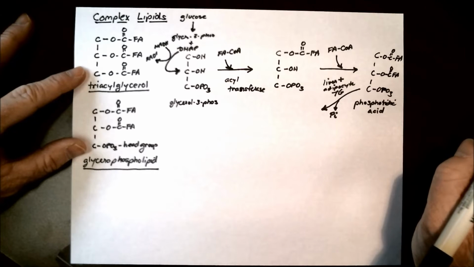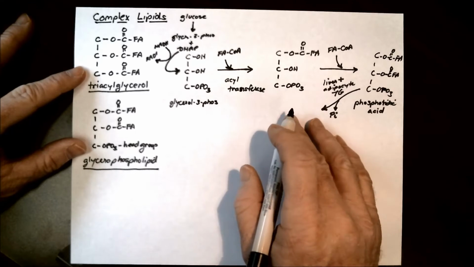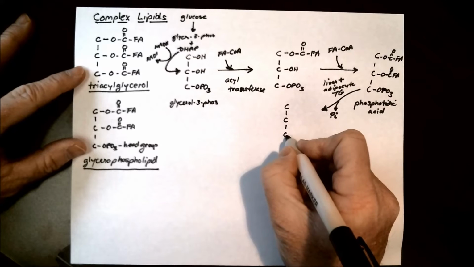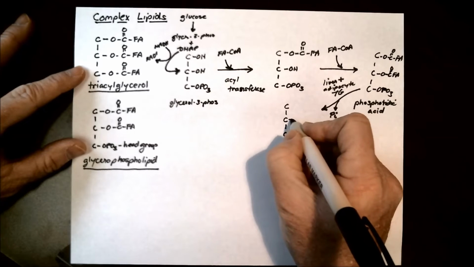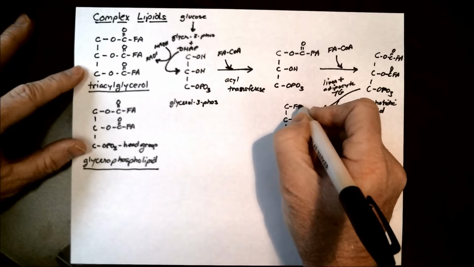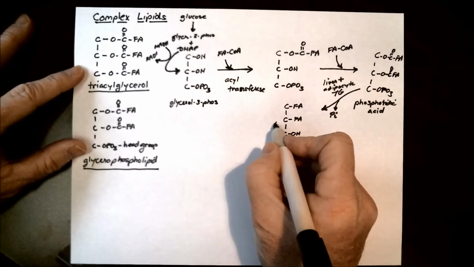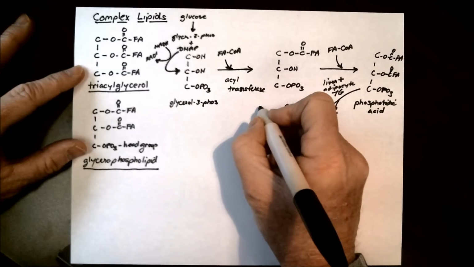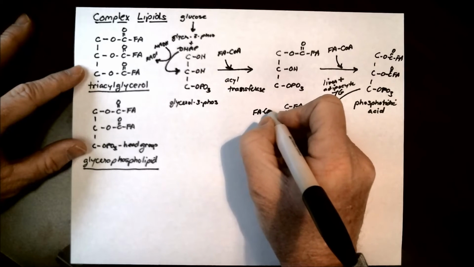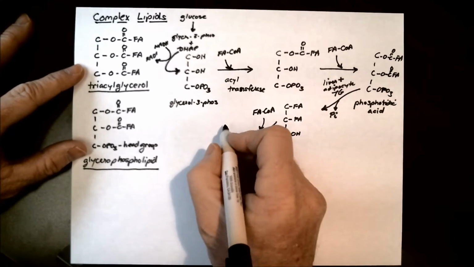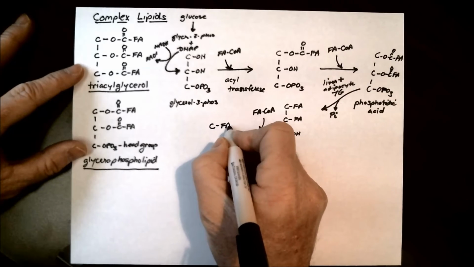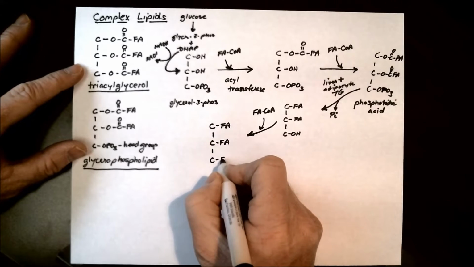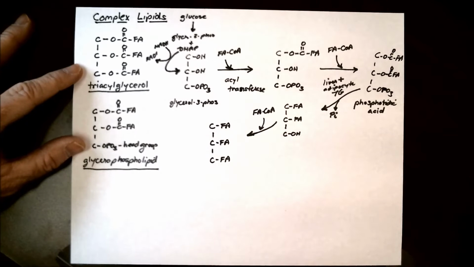Now, what we will have then is a free carbon for a fatty acid addition. Then the next enzyme is an acyltransferase to add one more fatty acyl-CoA onto the structure to give us our triacylglycerol structure.